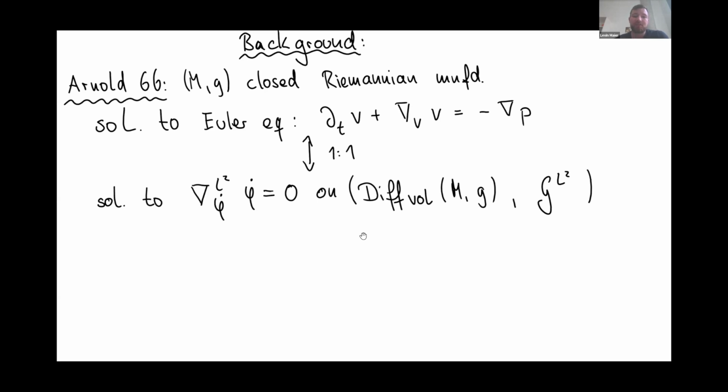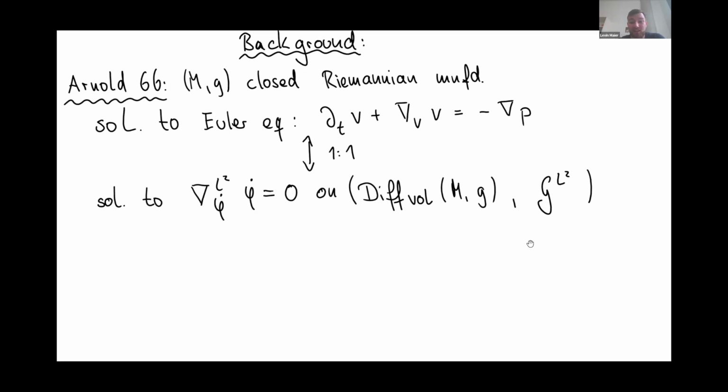So the philosophy is either to have a really hard equation, like a nonlinear PDE from fluid dynamics on a nice space or closed Riemannian manifold, or to have a nice equation, like a geodesic equation, on a not so nice space, the group of volume preserving diffeomorphisms. But since I'm a geometer, I prefer to have the geometric equation and then tackle the problems.